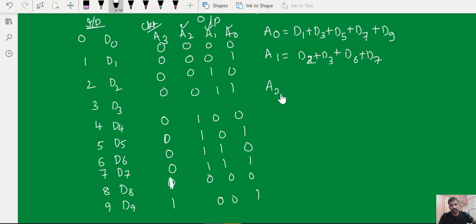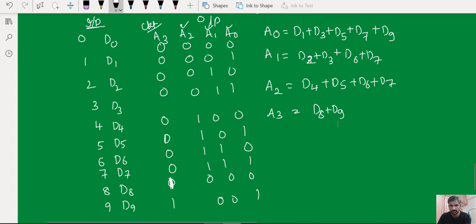A2 will be 4, 5, 6, 7. Then A3 will be D8 plus D9. So these are my circuits for A0, A1, A2 and A3.